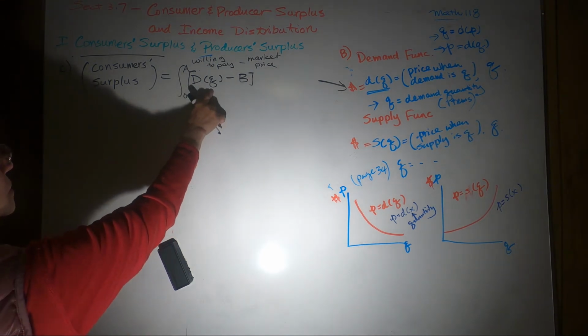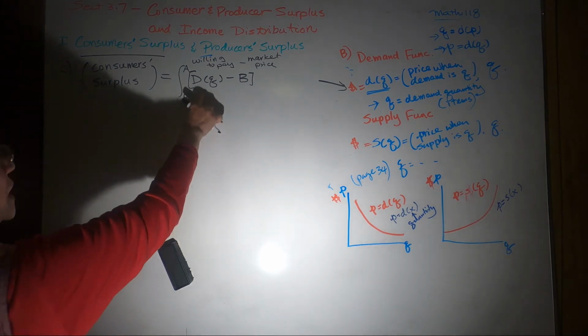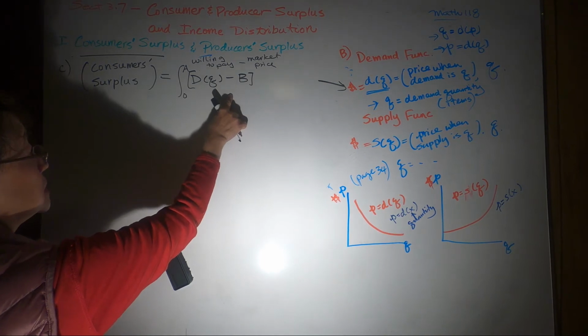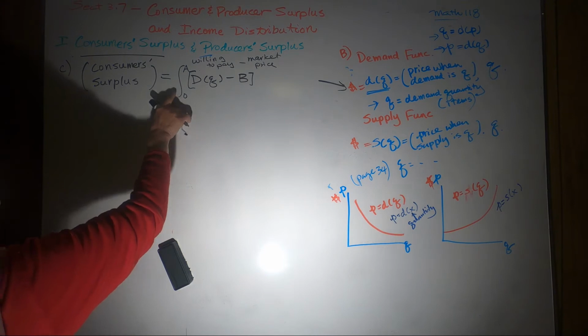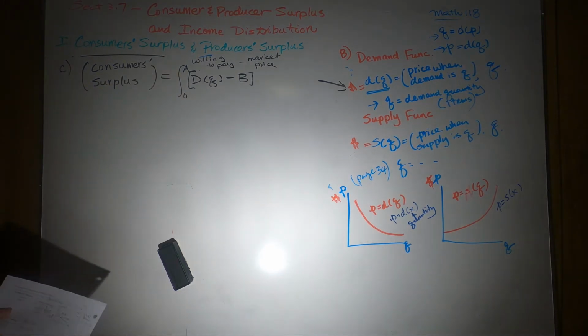For the Q, how many? Because consumers, for each quantity, they will have such a difference. If they have lots of quantities, there will be accumulation from 0 to so much quantity, right?